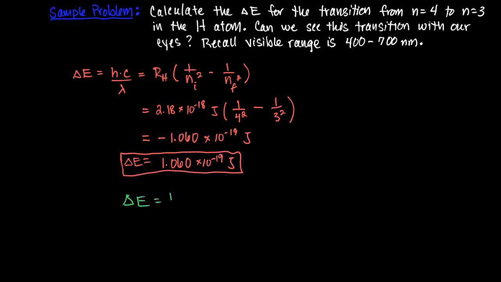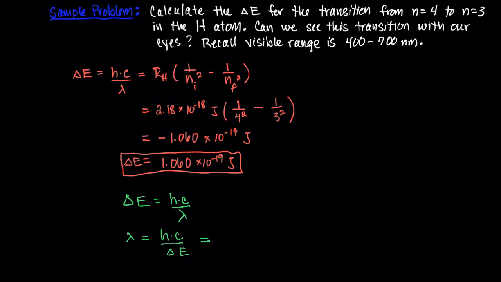Delta E is equal to hc over lambda, and like I did in a previous video, I'm going to rearrange this equation to solve for lambda. All right, so if I do that, lambda is equal to hc over delta E.